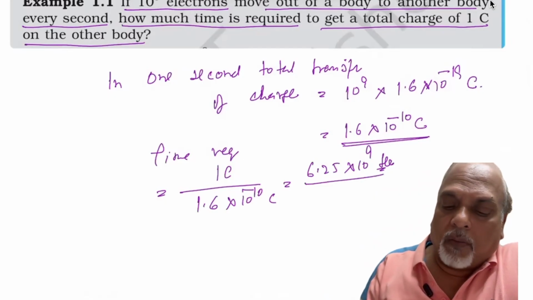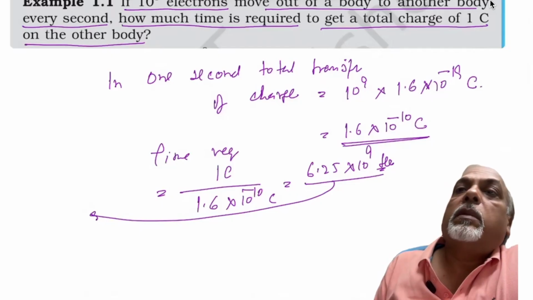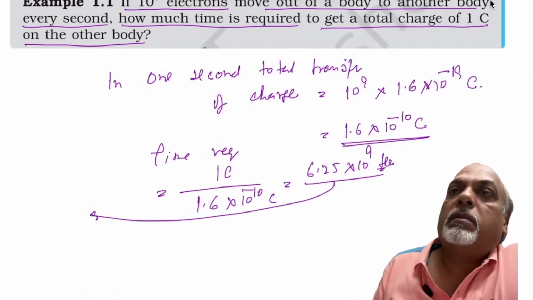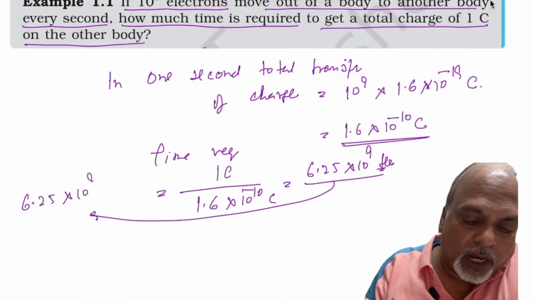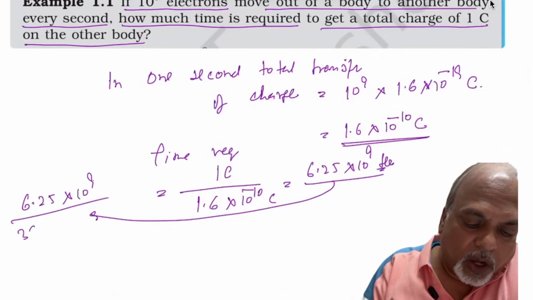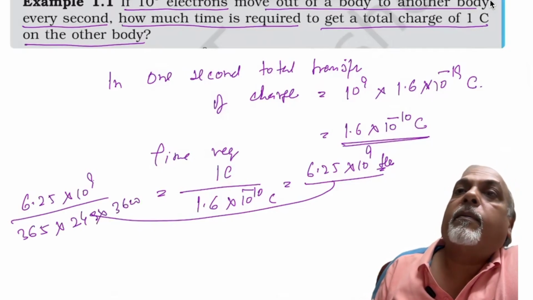If we convert this into years, 6.25 into 10 raised to 9 divided by how many days are there? 365. Then every day is 24 hours, and in every hour this many seconds are there.